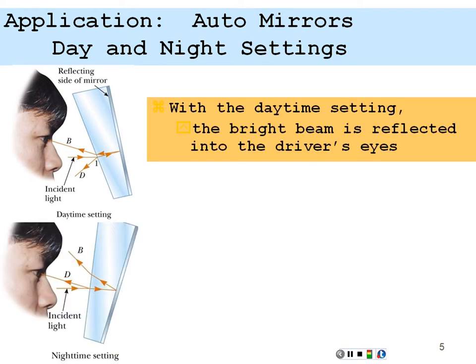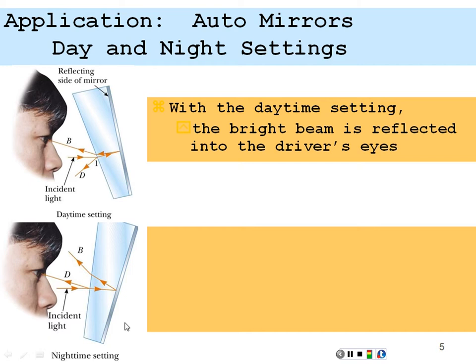But if you turn the mirror for nighttime, you don't really want all those brights coming straight into your eyes. So you turn the mirror, and your main beam is reflected and refracted away from your eyes, and you just pick up the one little reflection off the first interface of the glass.